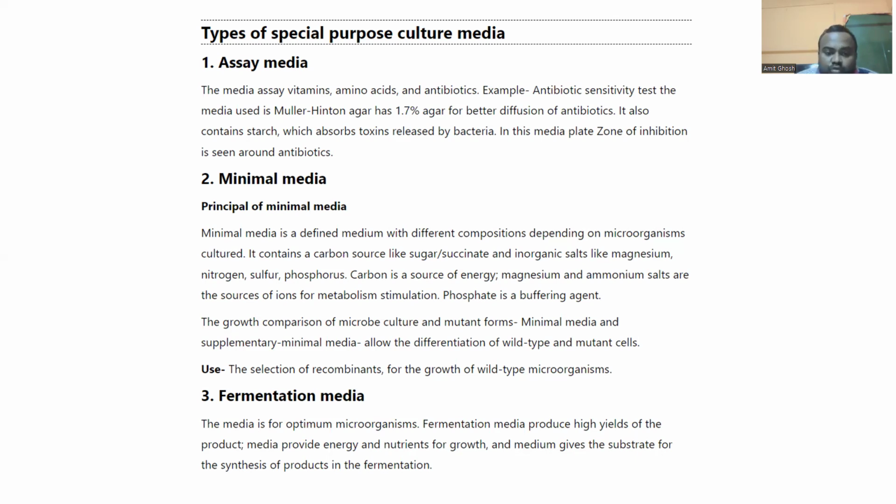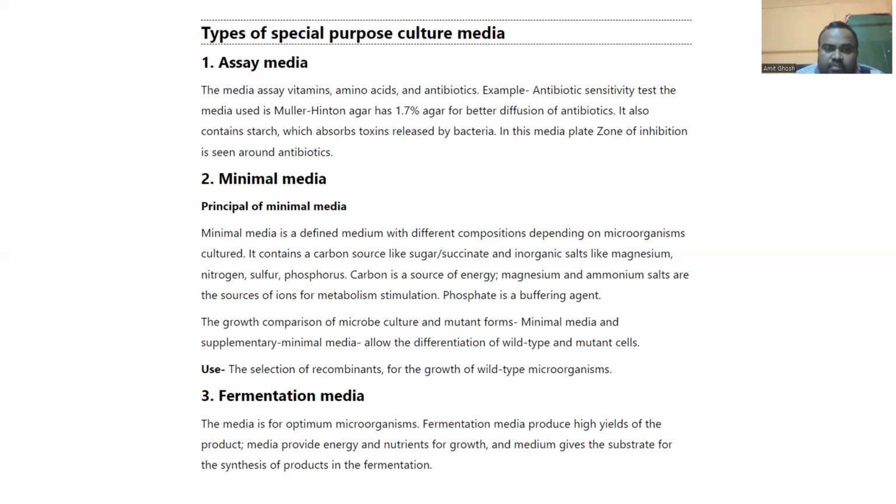Magnesium and ammonium salts are sources of ions for metabolism stimulation, and phosphate is a buffering agent. By comparing the growth of microbe cultures and mutant forms, minimal media and supplemented minimal media allow differentiation of wild type and mutant cells. So this is the use of minimal media. An example of its use is the selection of recombinants from growth of wild type microorganisms.